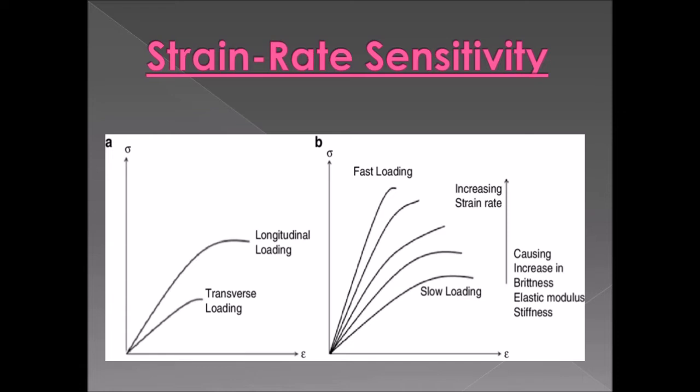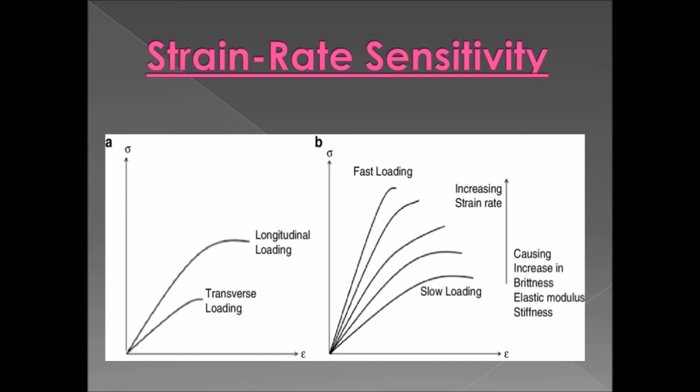So if elastic modulus increases, it will lead to increase in the stiffness of the bone, and ultimately it will lead to increase in the brittleness of the bone. That means if we do rapid loading of the bone, it will become stiffer and will take longer to reach creep failure or ultimate failure.